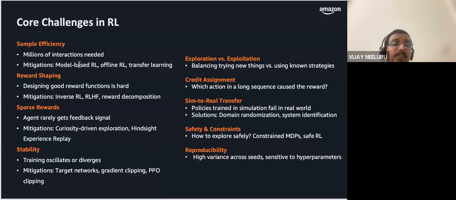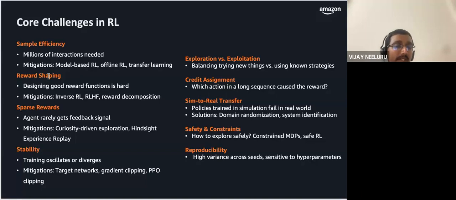There are multiple approaches which can mitigate the requirement of millions of interactions. Instead of interacting with the real environment, we can learn a model of the environment, which is model-based RL, and offline RL, which learns from a fixed dataset of past interactions, so no new environment interactions are needed. The third one is transfer learning: pre-train on a similar task, then fine-tune on the target task.